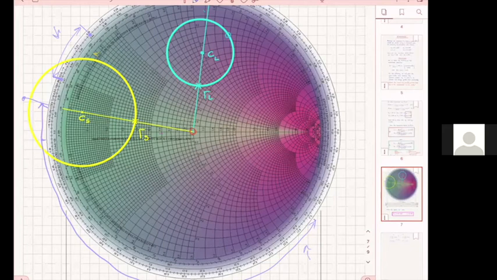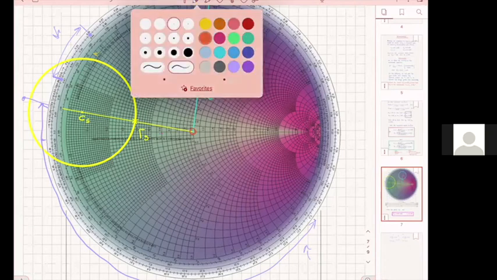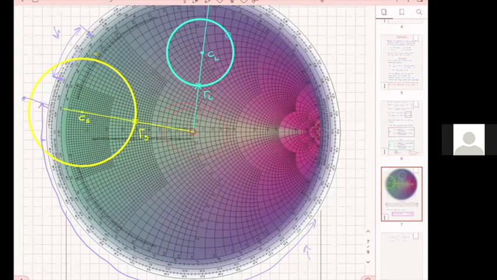When do we have shorter lengths in our stubs and lines when we match? The closer we are to the center of the Smith chart, the smaller the dimensions we will have to accommodate in our physical dimensions, in our transmission line. Now I'm talking about the design frequency, right? One frequency.